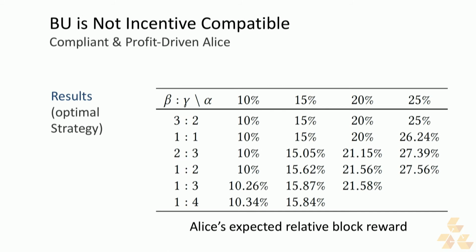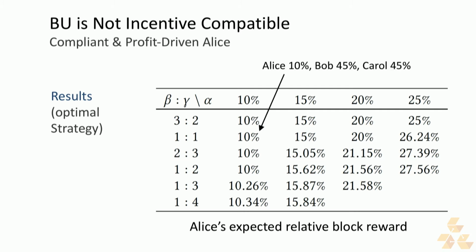So here are the results. So what do the numbers mean in this table? Each column represents a mining power share of Alice, and each row represents a mining power ratio between Bob and Carol. For example, this number means Alice controls 10% of the total mining power, and Bob and Carol have equal mining power.